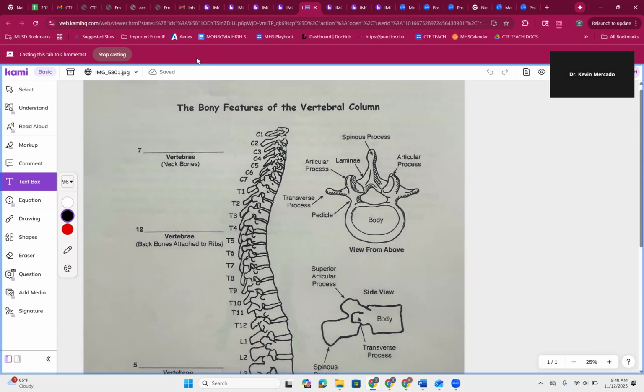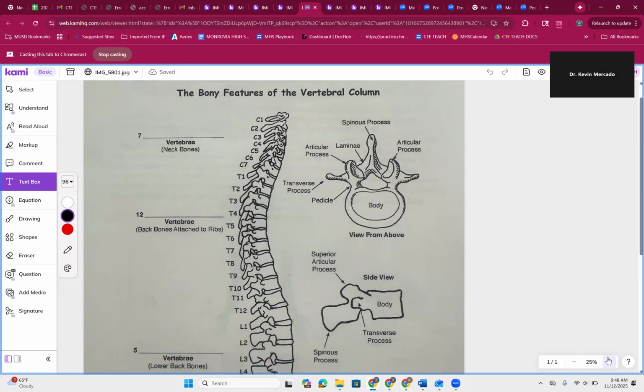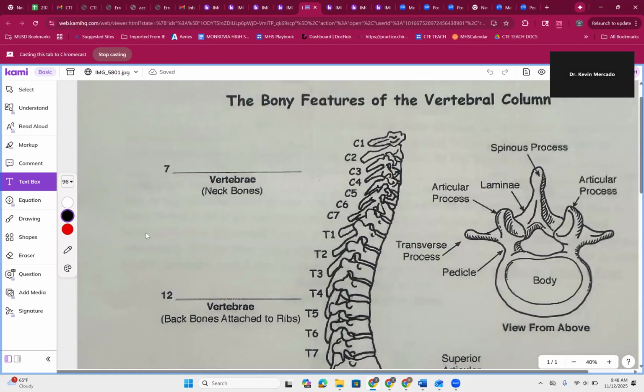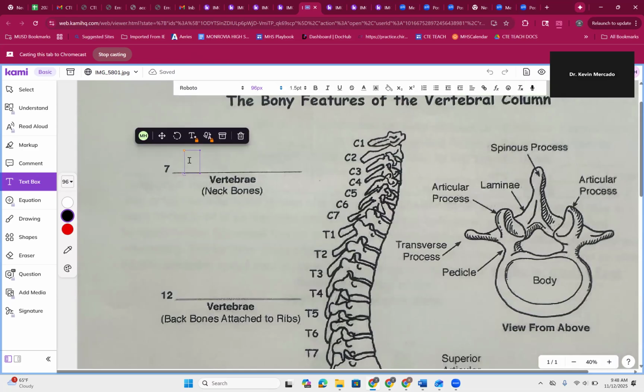All right, so this is a bit of a review. 7 bones called C1 to C7. Give me what the name of that is. Cervical. Okay.